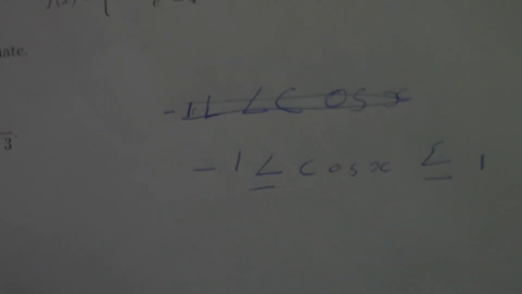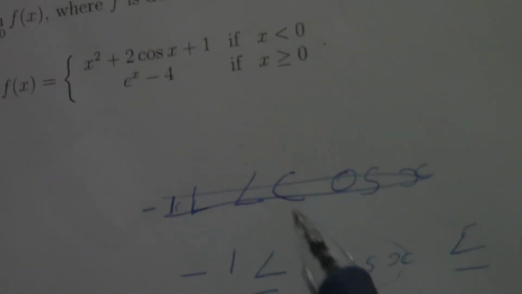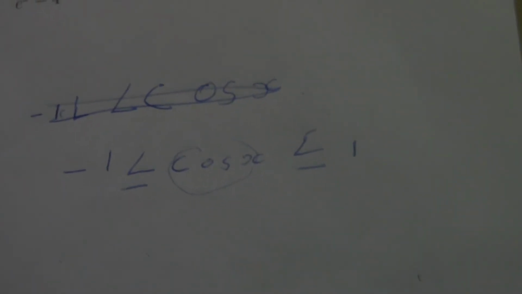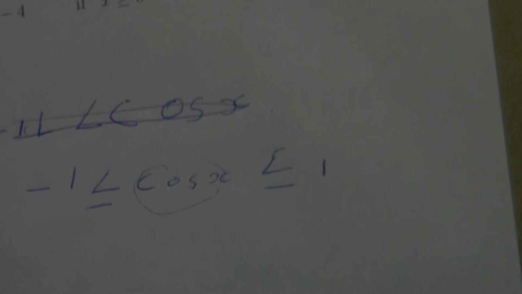Now what we always do is turn this into what you have here, and then evaluate the limits on this side and this side. So how can we turn that into that?